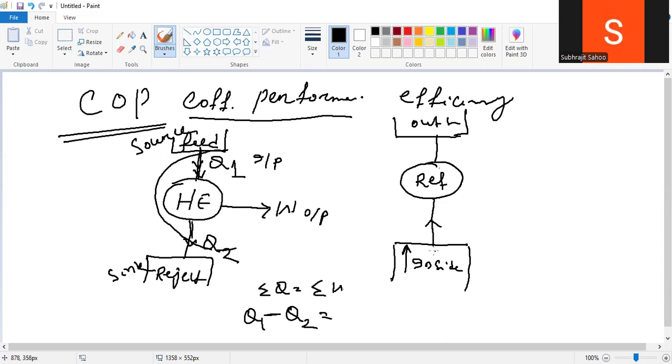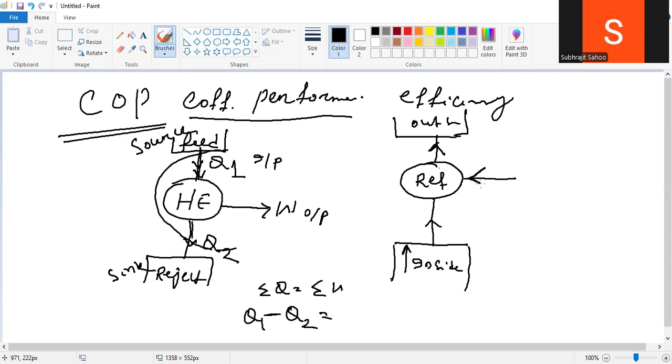So heat will be extracted here, and that heat will be thrown to outside. The refrigerator takes heat from the inside and throws it outside. Does it happen automatically, or is something required? Electric power is required or not?